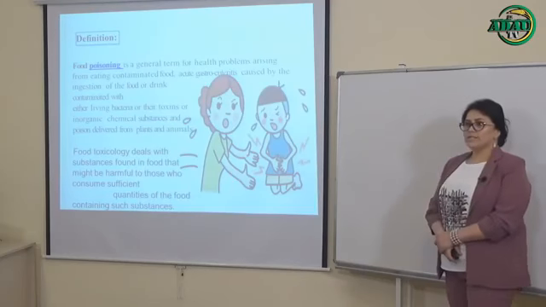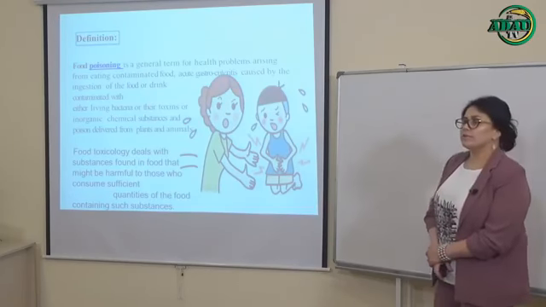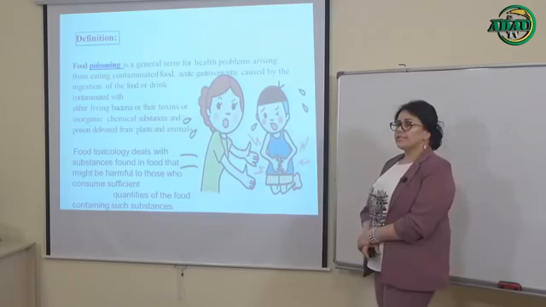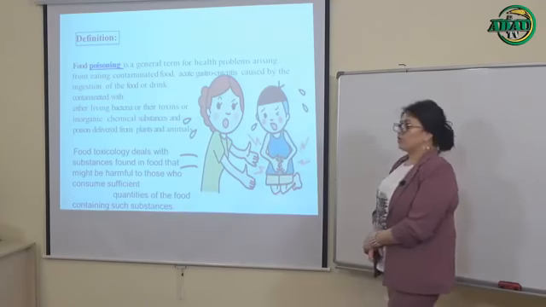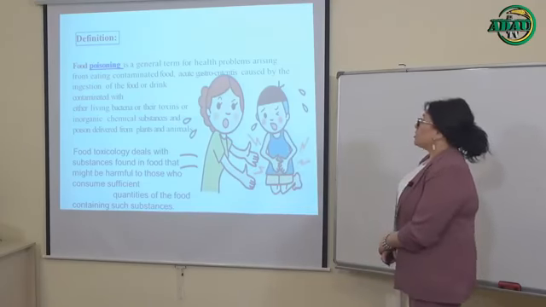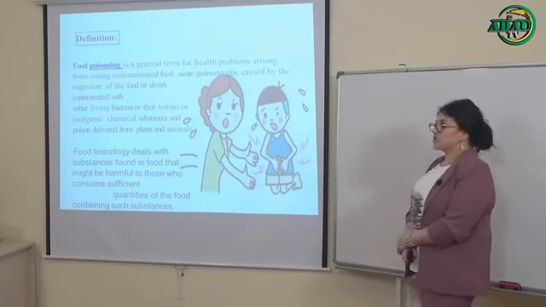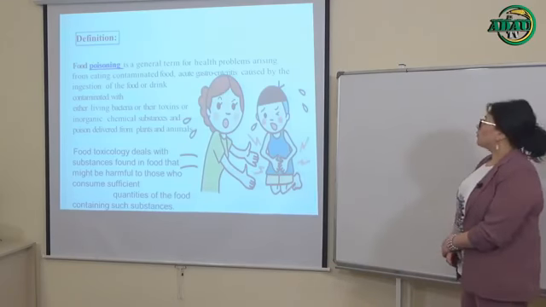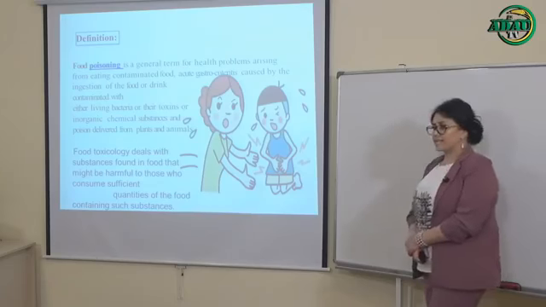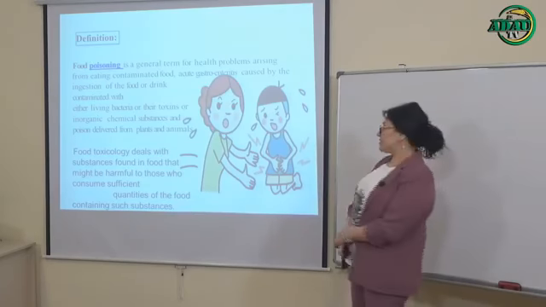So, as I told you, first of all, I will explain what food poisoning is in general. Food poisoning is a general term for health problems arising from eating contaminated food.